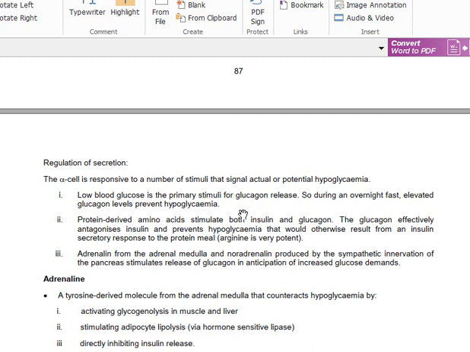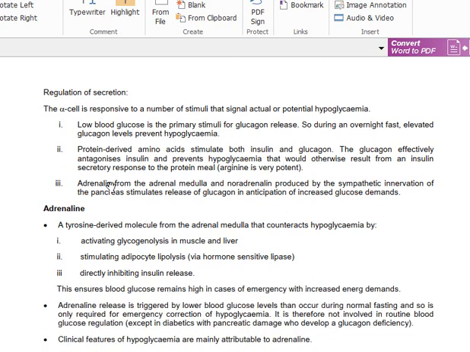Is it clear? So it's good to eat a diet containing both carbohydrate and protein, not only proteins, because insulin and glucagon are secreted at the same time. Now, the glucagon is going to effectively antagonize the insulin and prevent hypoglycemia that would otherwise result from the insulin secretory response.